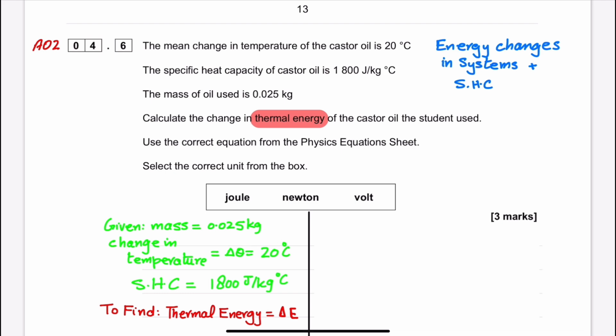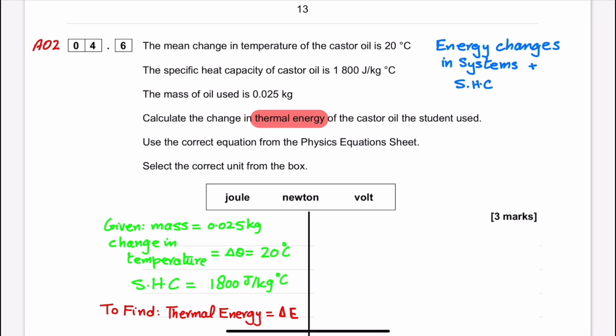The specific heat capacity of the oil is also given here, which is 1800 joules per kilogram degree Celsius. The mass is 0.025 kilogram. Calculate the change in thermal energy of the castor oil the student used. The student needs to use the equation from the equation sheet and use the correct units also.